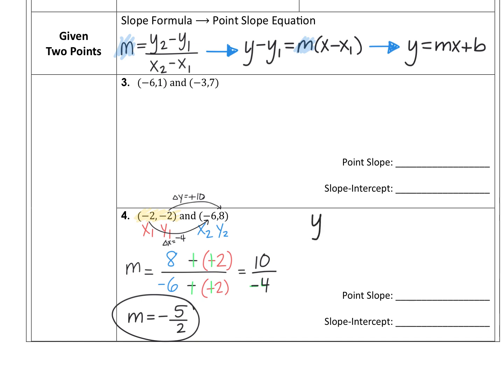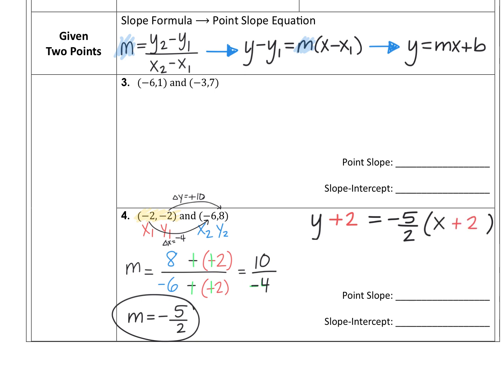So when I subtract -2, it becomes +2, is equal to the slope, which you just got. It was -5/2. And then in parentheses, x minus x1, which we chose -2, -2, so it's x plus 2.